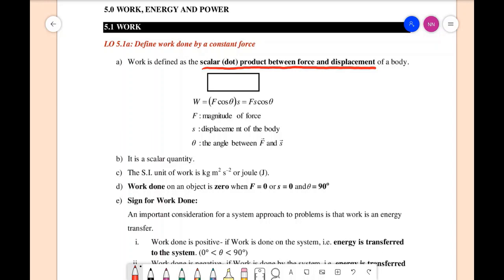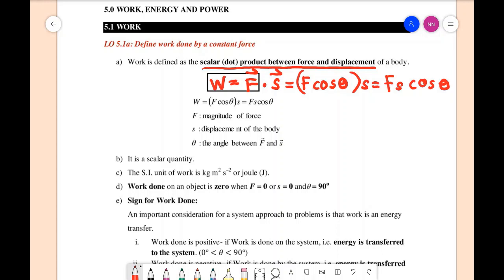So in formula, work equals F dot S. It is the dot product. F dot S equals F S cos theta.